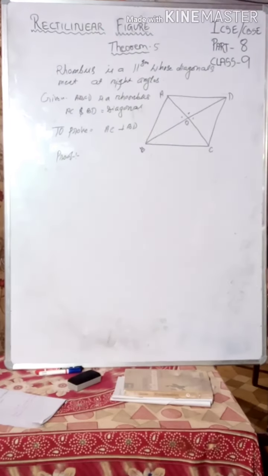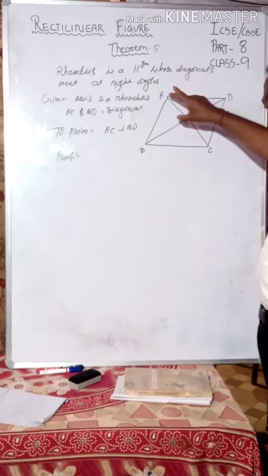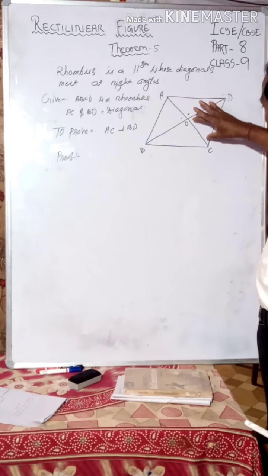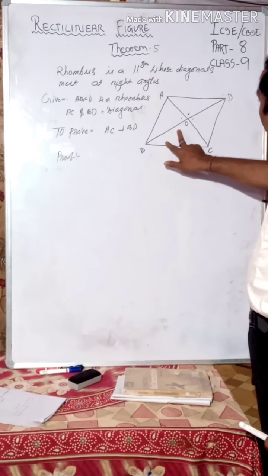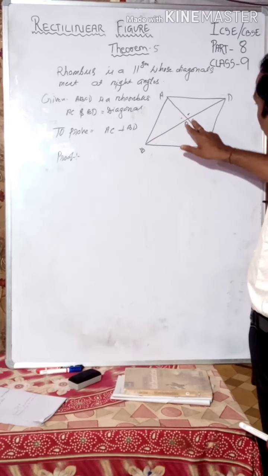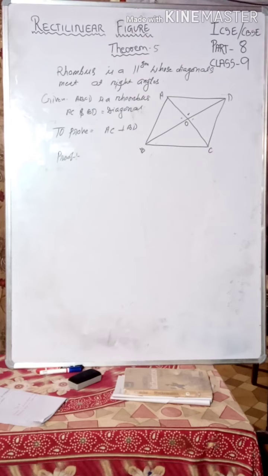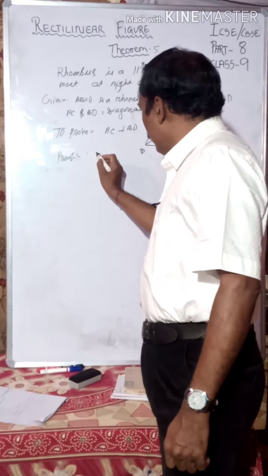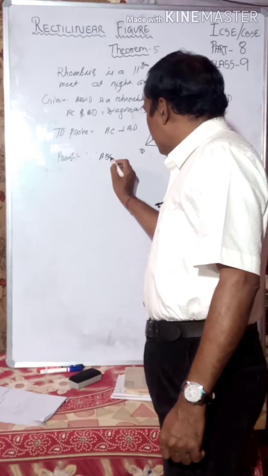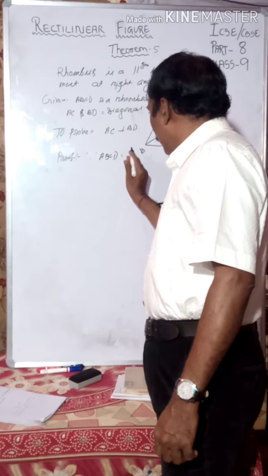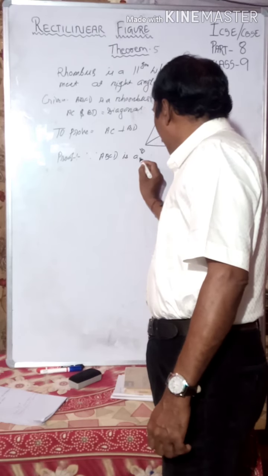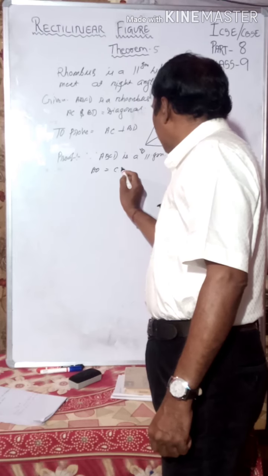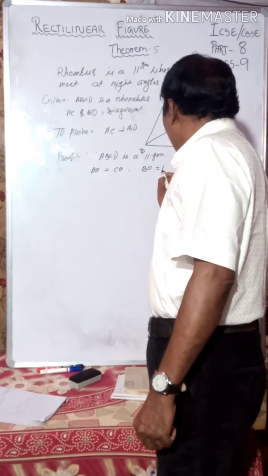Now look, as A, B, C, D is a parallelogram, so AO is equal to CO, BO is equal to DO.